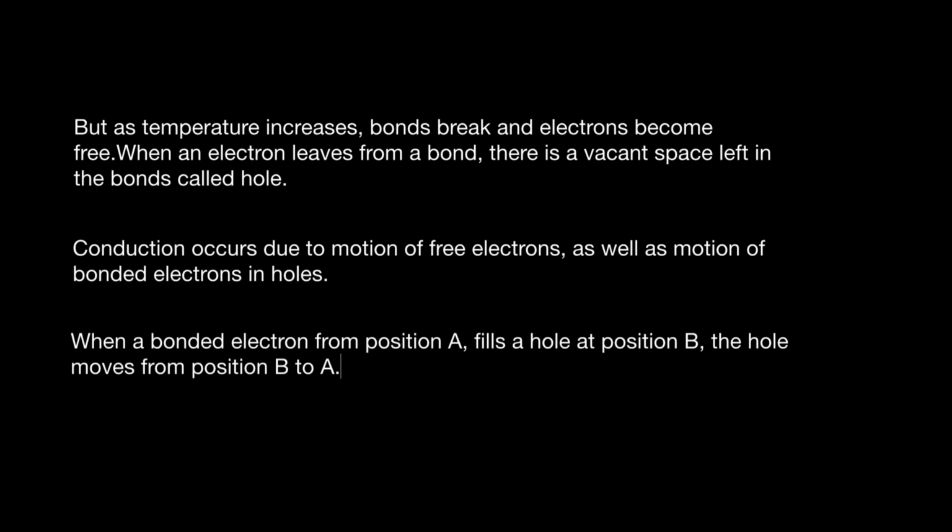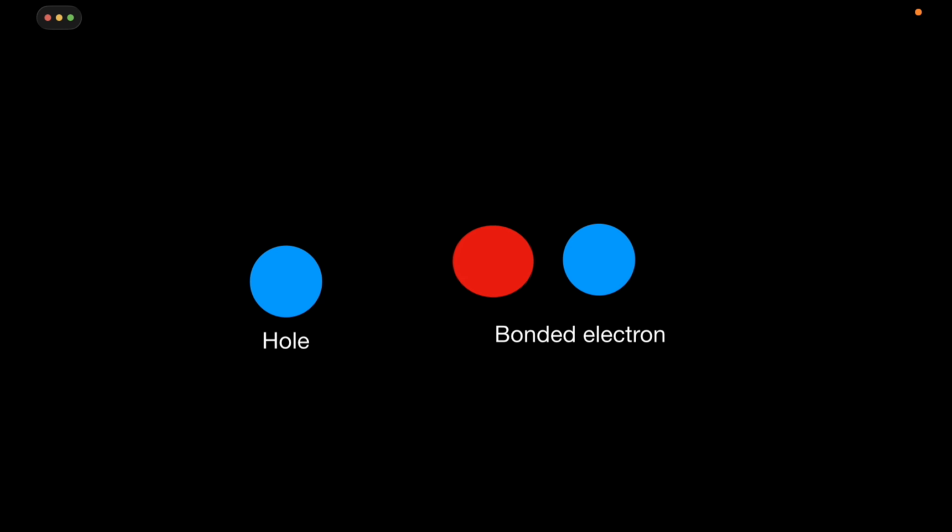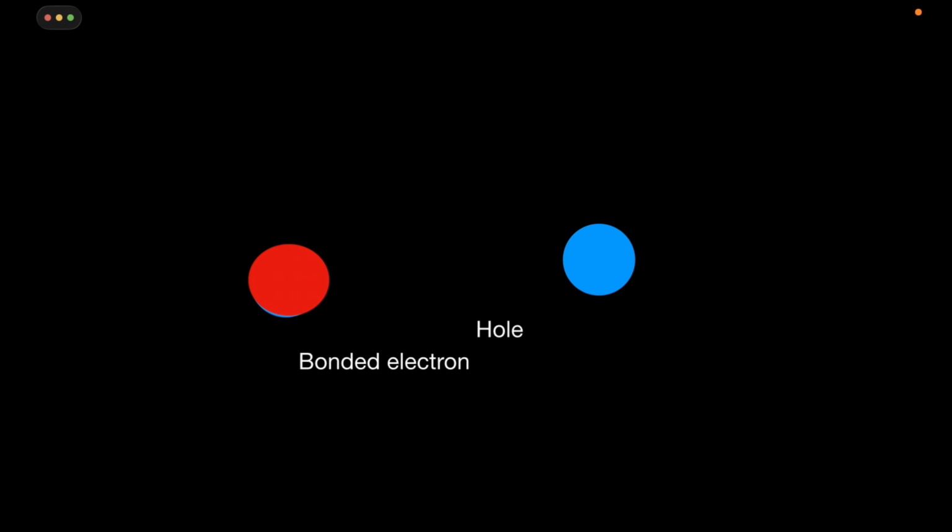When a bonded electron from position A fills up the hole at position B, the hole moves from B to A. See, when a bonded electron moves to its neighboring hole, it remains still bonded, but at a new position now, and it leaves a hole at its previous position. Now consider the amount of charge flown in the process.